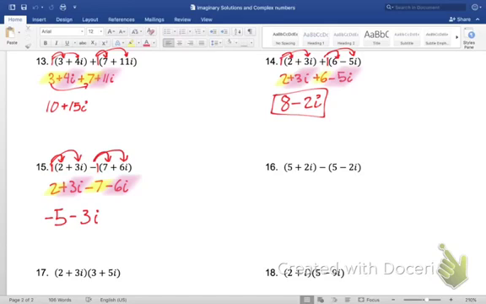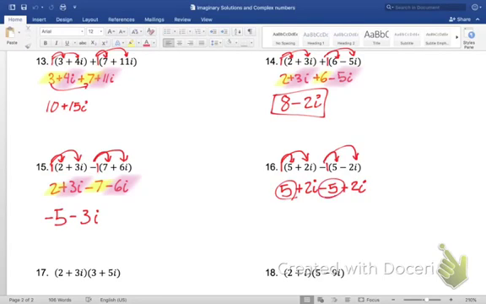The last one is 1 times 5, 5. 1 times 2i is plus 2i. There's again a negative because we're subtracting them. So negative 1 times 5 is negative 5. Negative 1 times negative 2i is positive 2i.